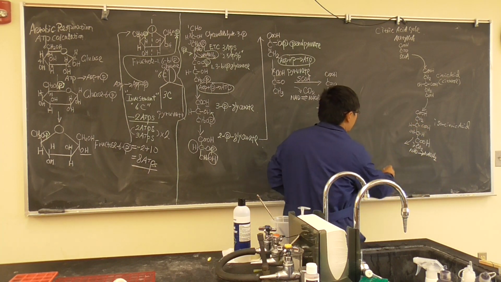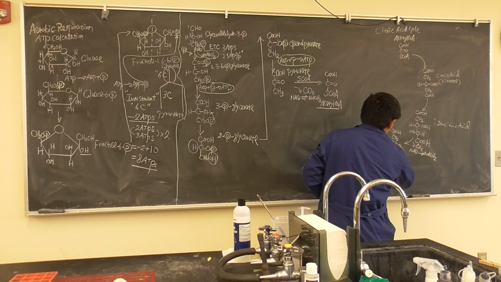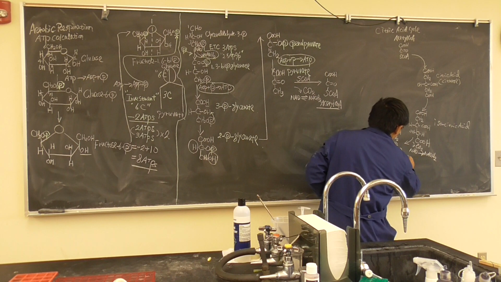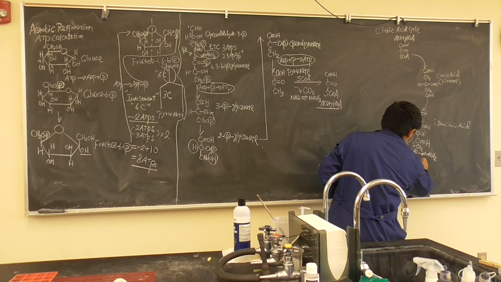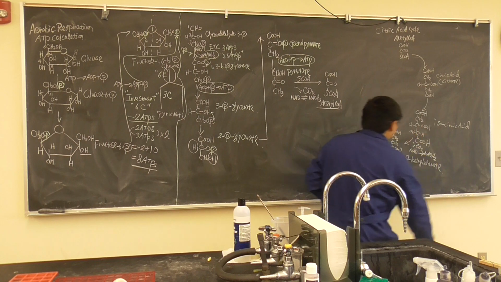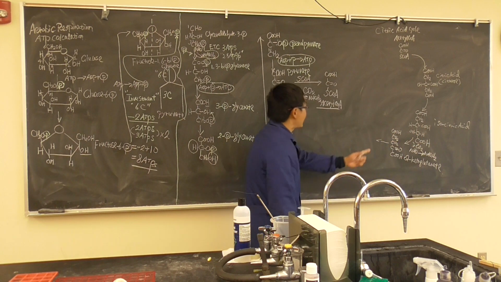What is that? That chemical is COOH, CH2, CH2, CO, and COOH. This is alpha ketoglutarate.